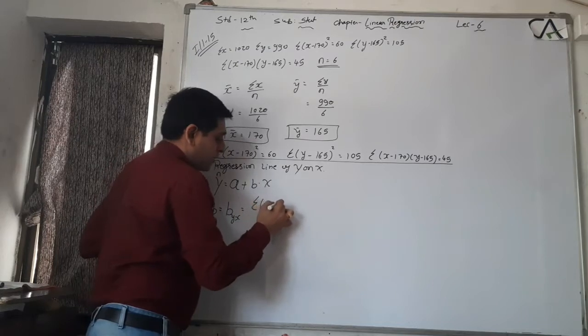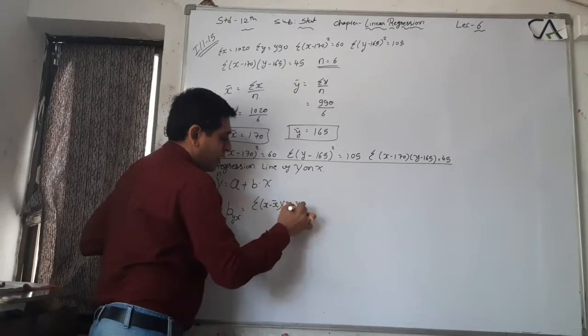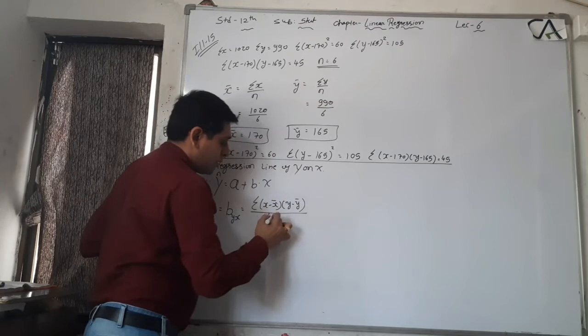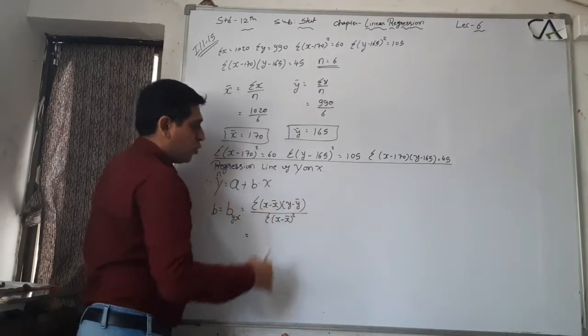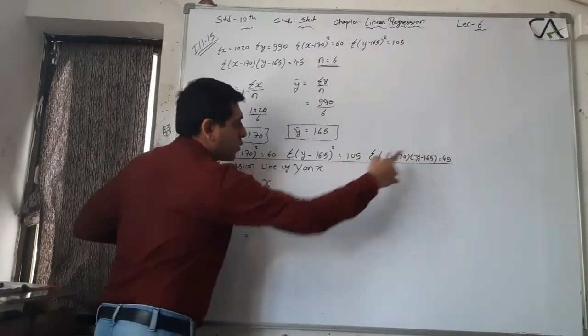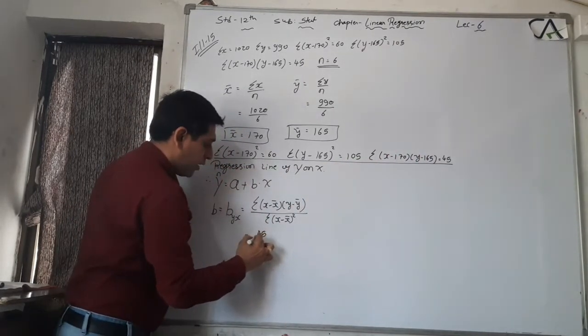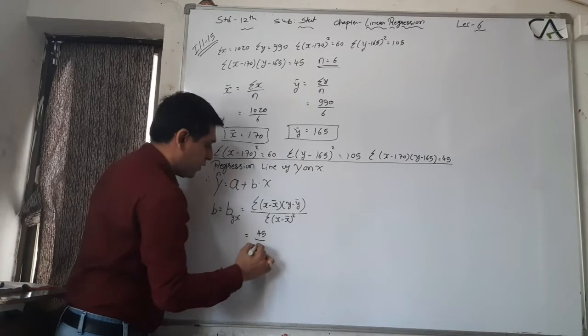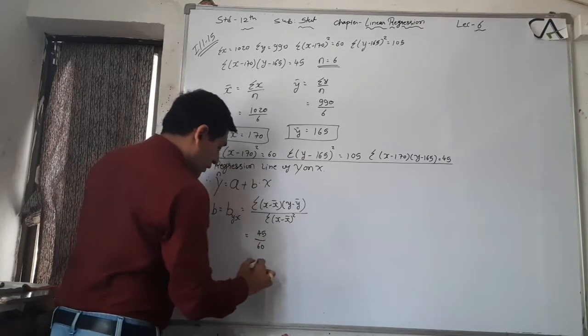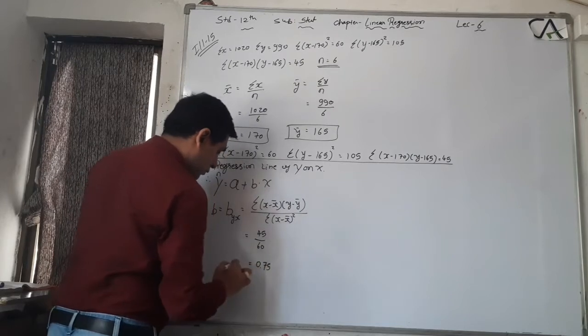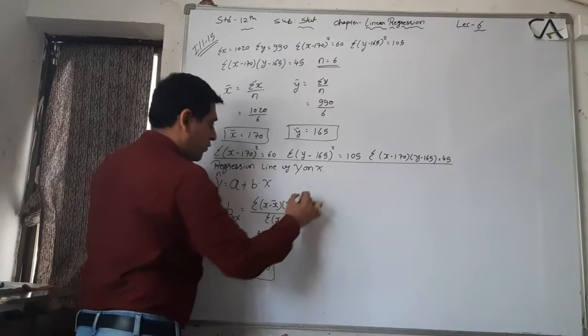Sigma (x minus x bar) into (y minus y bar) upon sigma (x minus x bar) whole square. Okay, so sigma (x minus x bar)(y minus y bar) is equal to 45 only, and sigma (x minus x bar) whole square is equal to 60. So it is 0.75. byx is equal to 0.75.